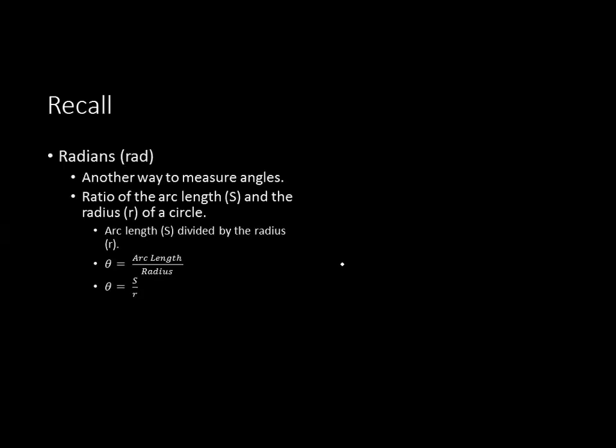Let's have a recall. I told you the first reason why we need to discuss the length of a circular arc, which is basically that it is related to how you find the angle in radians. So we know that radians is another way to measure angles. And to find the radians, you just basically divide the arc length by the radius of a circle.